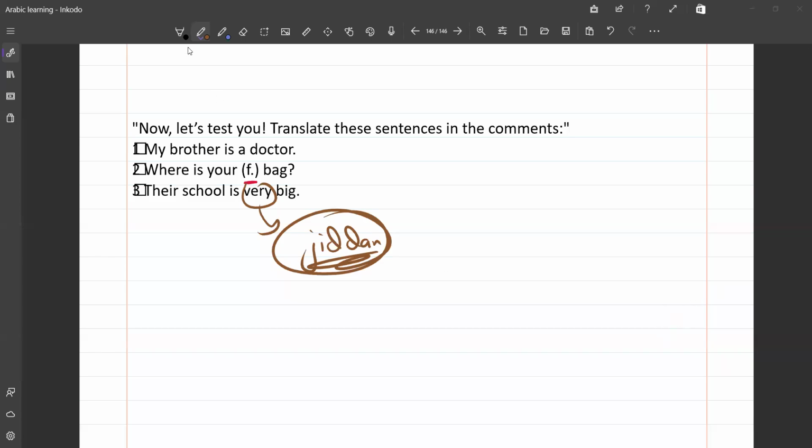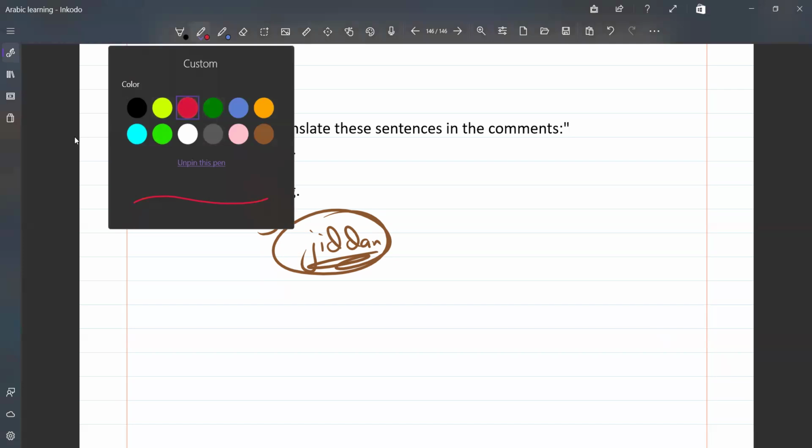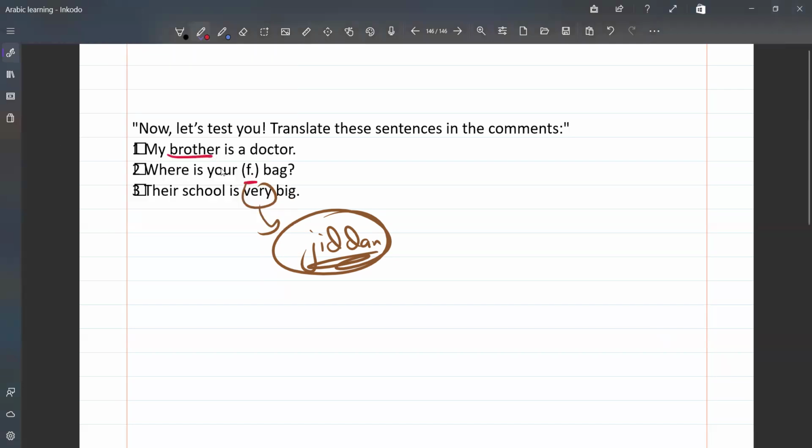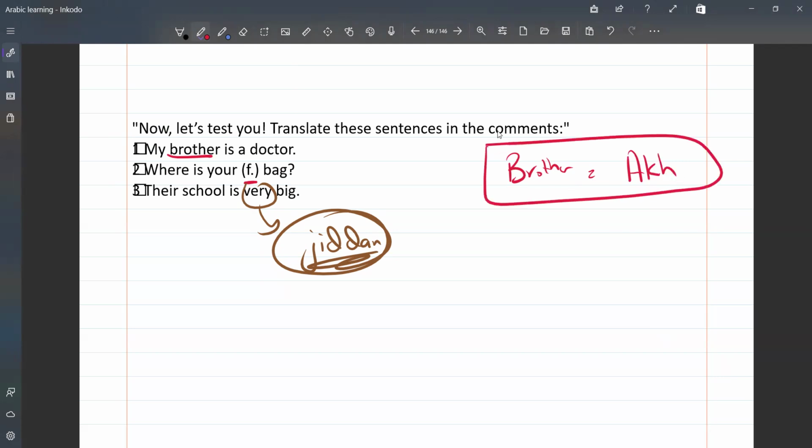And also to help you, let me tell you what brother means in Arabic. How do we say brother? Brother in Arabic is said like this: akh, akhun, or just akh, right? So akh, with the sound of kha, in Arabic means brother.